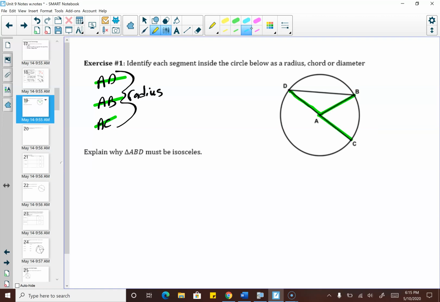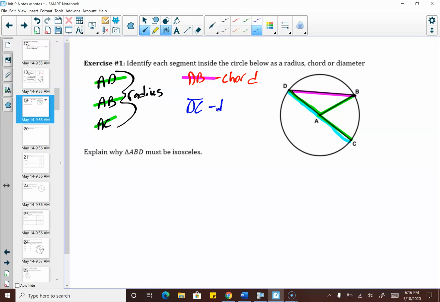Okay. Now, what else do we see? Well, I see DB. So DB right there is going to be our chord. Okay. So that's a chord because it connects any 2 points on the circle, but it does not pass through the center. And then the last one would be DC or CD, kind of up to you. And that is going to be our diameter, all right?